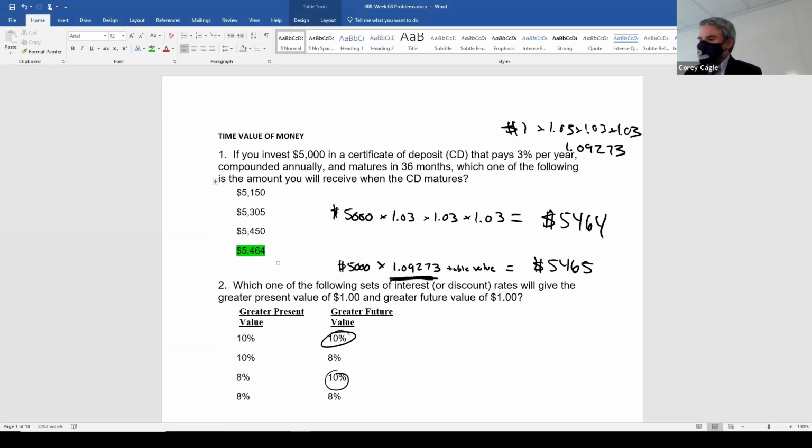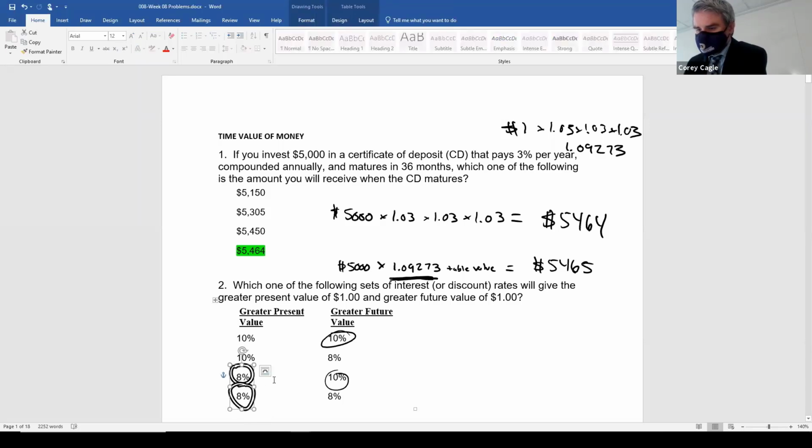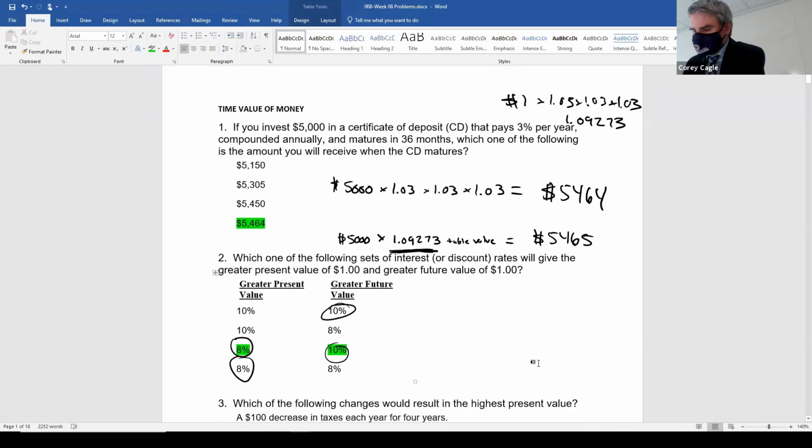All right, with present value, you're taking a future sum and dividing it by a number, right? Like we did. So you'll have a greater present value if you're backing out 8% or dividing by 8%, right? So there you go. So the answer is C. That's a quick and easy way to think about it.